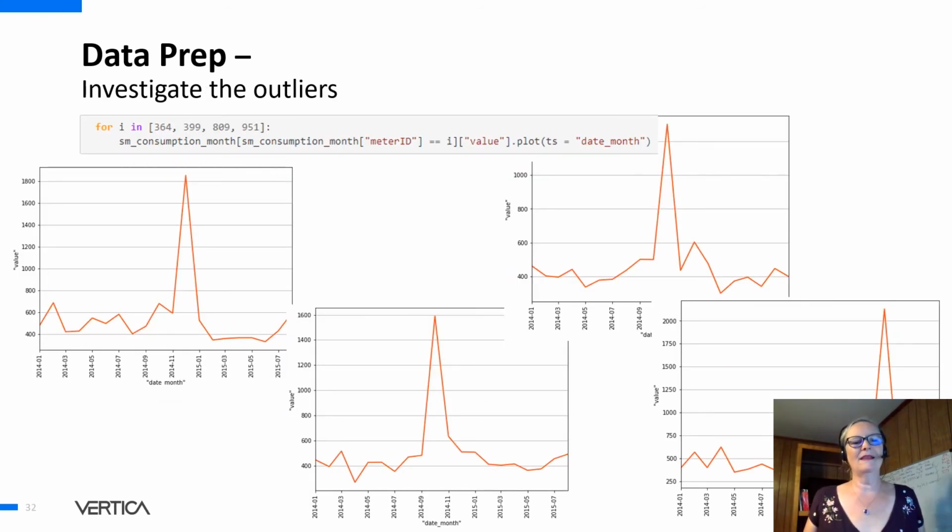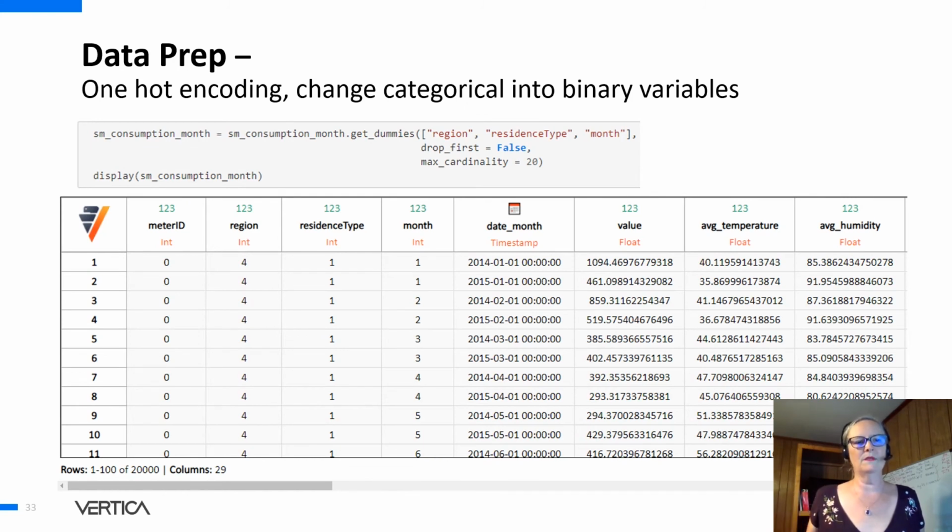Oh yeah, I'm getting some peak usage that's way beyond what's expected. Again, it looks like it's all during the winter months. That's interesting. So maybe it's not weird data and there's nothing wrong with that data. It's just unusual. Somebody's using a whole lot more energy in that time period. All right, so we'll leave that. We won't take those out.